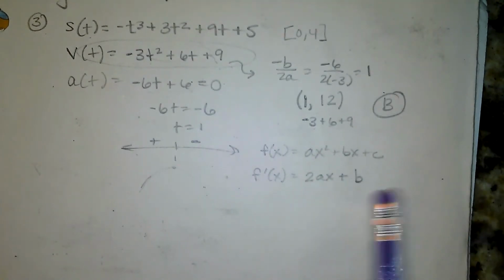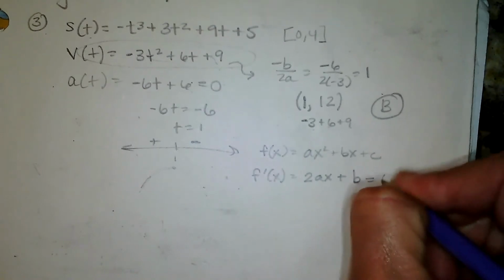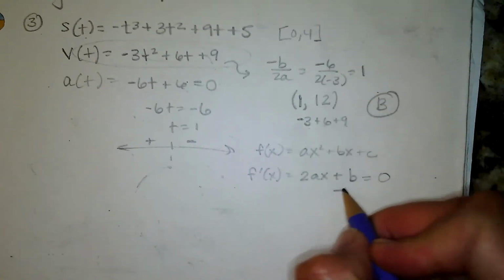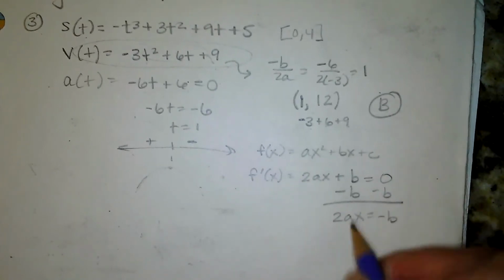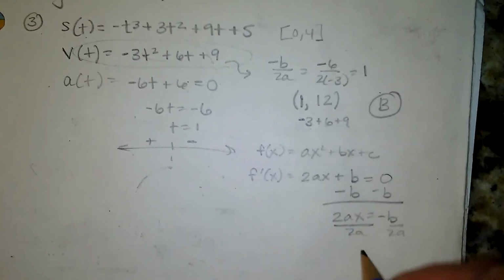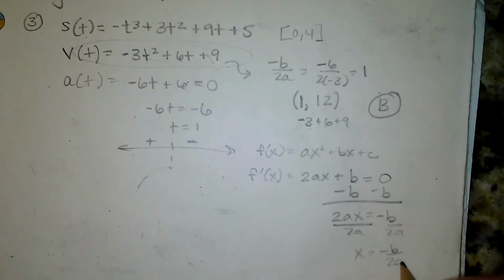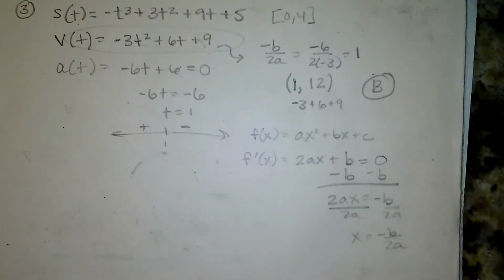If you're looking for a critical point, you set it equal to 0, you subtract the b over, and you divide by 2a. And your critical point is at negative b over 2a, which is where that vertex formula comes from.